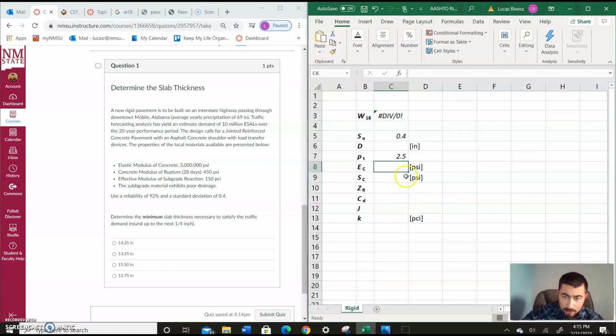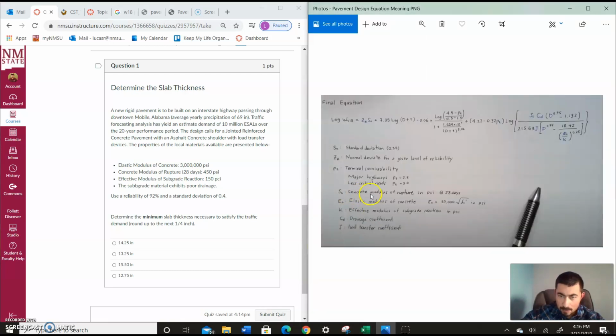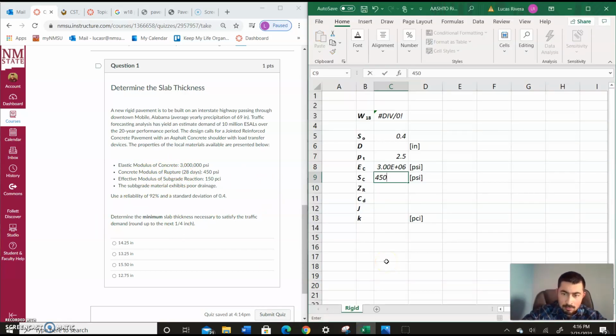Yes, 3 million psi. 3e to the 6. S sub C, modulus of rupture at 28 days, which is right here, 450 psi.